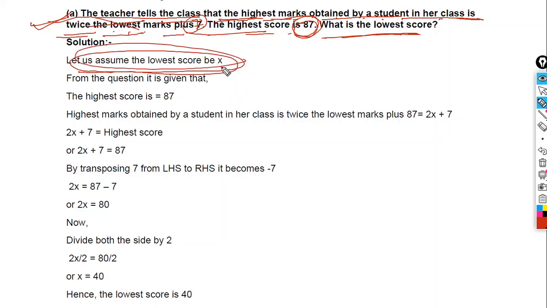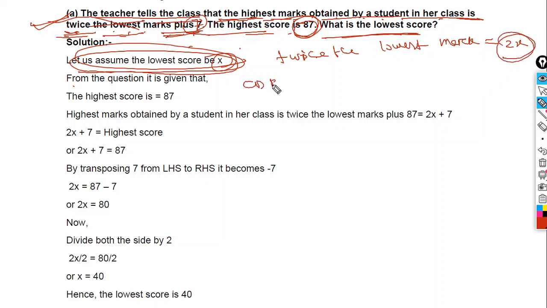Then 2 times the lowest mark will be 2x. Now, as per the question, if we add 7 to this, 2x plus 7 equal to 87, which is the highest mark.